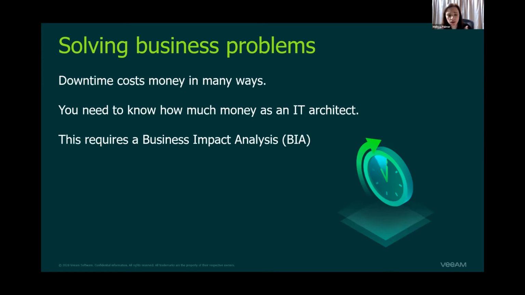So the results of the business impact analysis will give you the RPO and the RTO. And from there, then we can go on and design our infrastructure accordingly, design our applications accordingly. But until we have an understanding of how much downtime can we take, how much data can we lose, how long can we be out of service, and what that's going to cost, it's really hard for us to do our jobs.